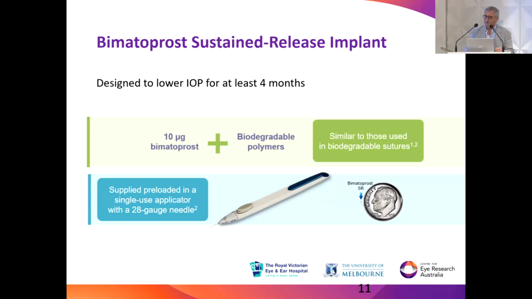It's a little bit difficult to know when it stops working because the implant is still visible even after it seems to have lost effect. It has 10 micrograms in a bioerodible container. The sobering component is that one of these agents contains only the amount of medicine that is in one drop, and it lasts 4 months.